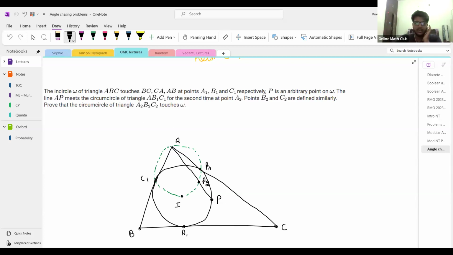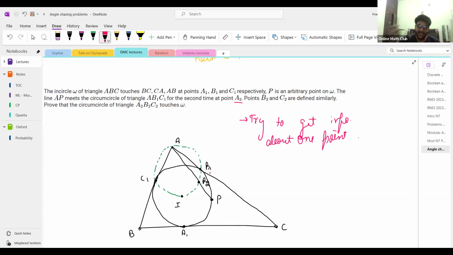Okay, but the thing I would say is when you see a problem like this, when you are defining points in relation to A, B, and C individually, don't draw all those 3 points. First, just draw one of those, like I drew A2, and try to get information about one particular point.